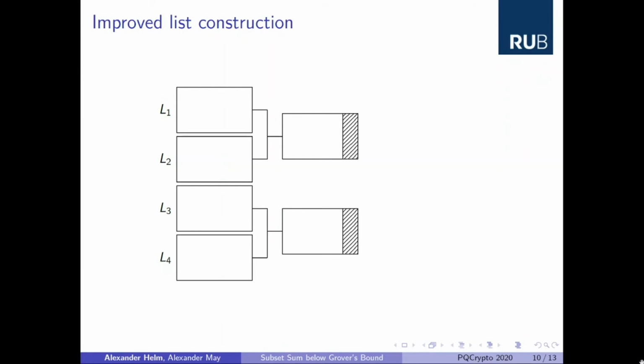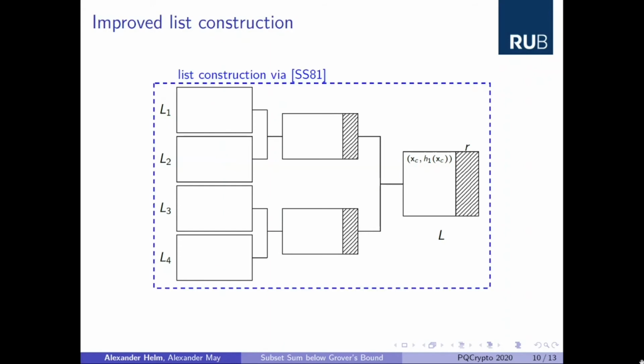By doing this, we get a tree structure with our required list L at the root of the tree. With this purely classical approach, we can speed up the list construction, which helps us to optimize the whole algorithm.